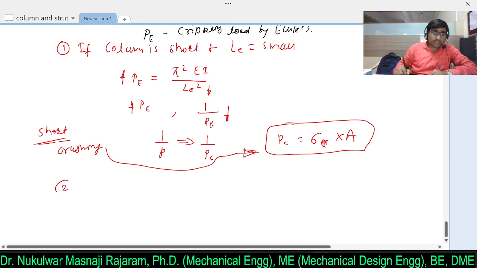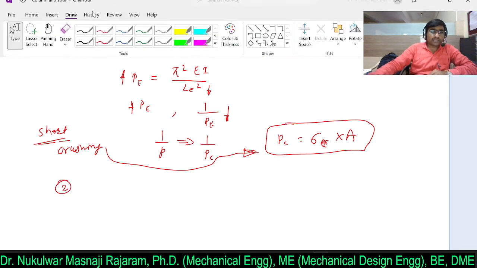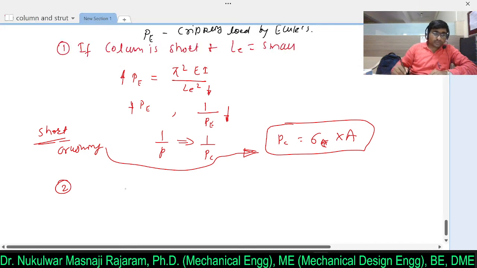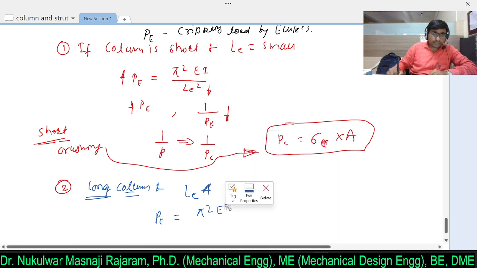The second condition is the long column. If the column length is long, then definitely Le will be very large. Then if I write the P formula, that is pi square EI divided by L square.